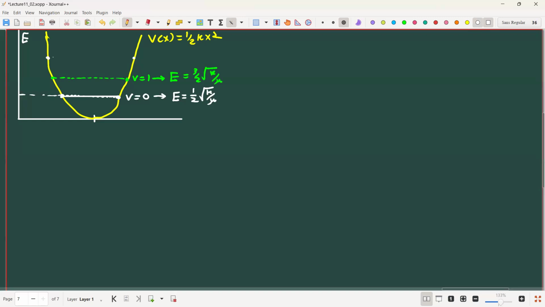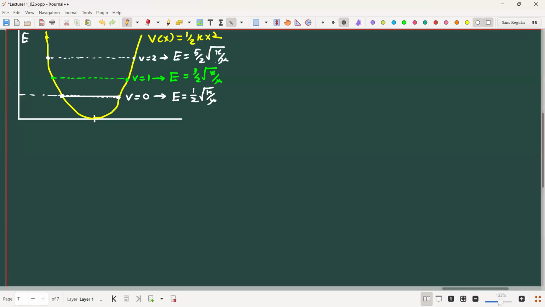And then the next one that would be allowed is v equals 2 at energy 5/2 k over mu. And my spring will only exist in one of those particular states if I'm at constant energy.